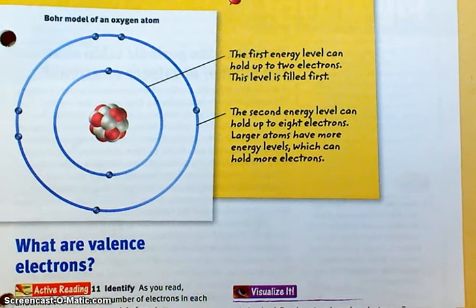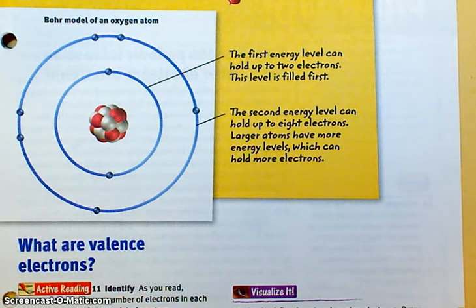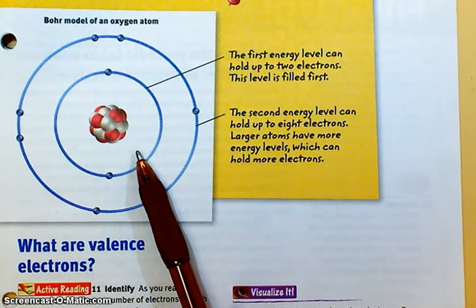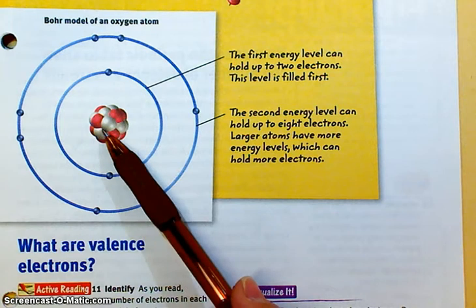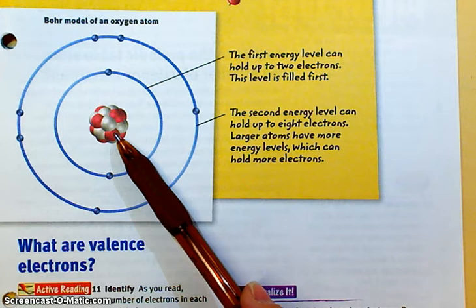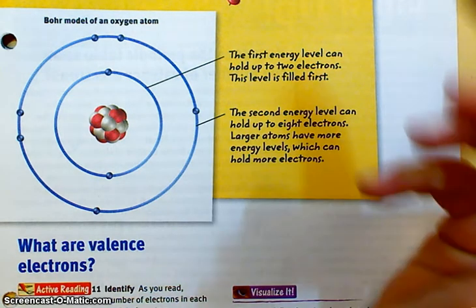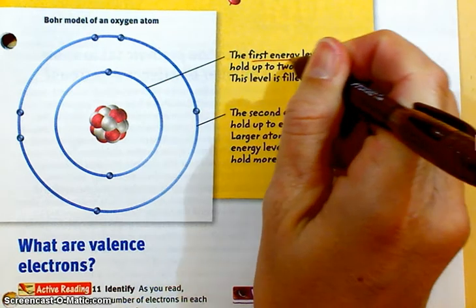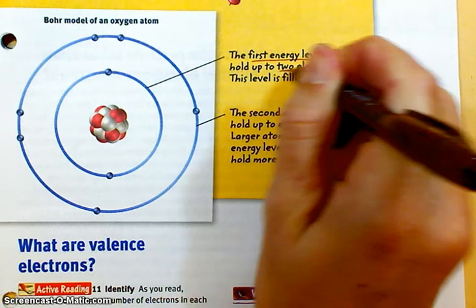Since we're already familiar with a Bohr model, this should not be shockingly new to you. In the center, the red and white are representing what? Nucleus. Yeah, the nucleus, protons and neutrons. We know that the first energy level can hold up to 2 electrons. Do y'all remember learning that?